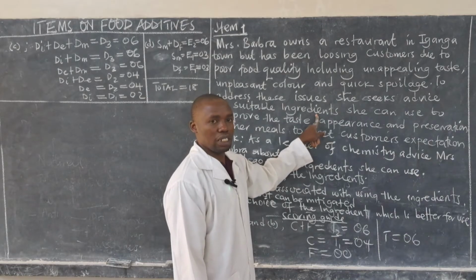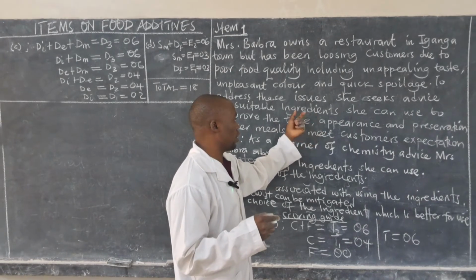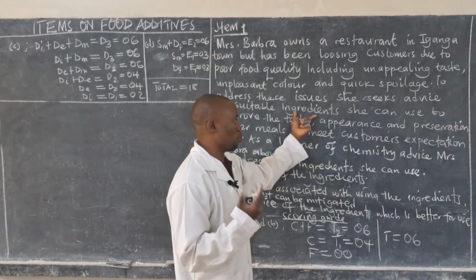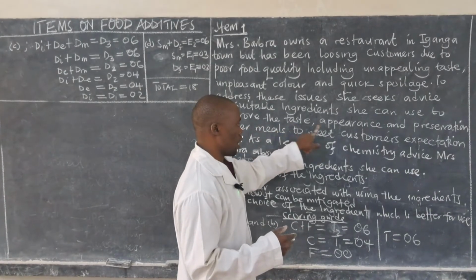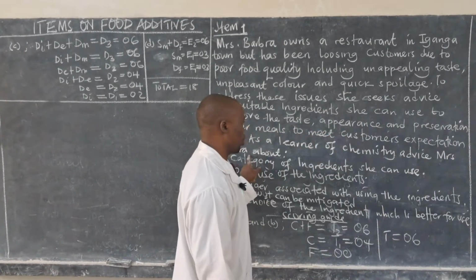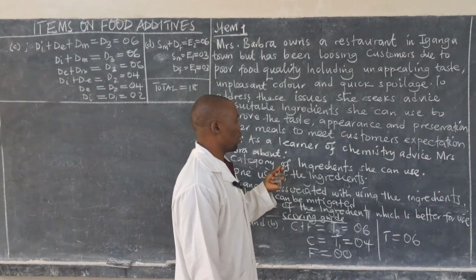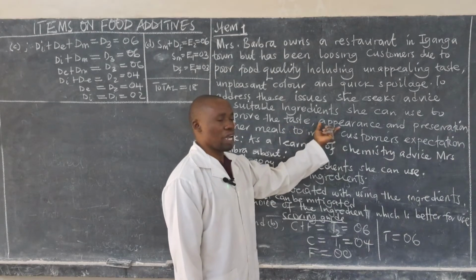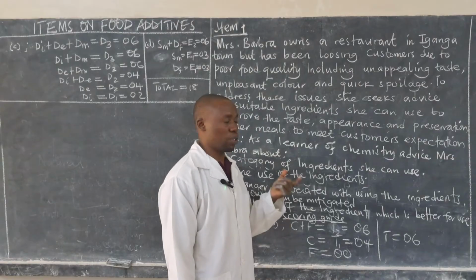Now, the ingredients added to food are called food additives, or the item can say ingredients or substances or products she can use to improve the taste, appearance, and preservation. So here the item is guiding the learner that one of the food additives will work on the taste, these are flavors, will work on the appearance, these are food colors, and will work on the preservation, these are preservatives.